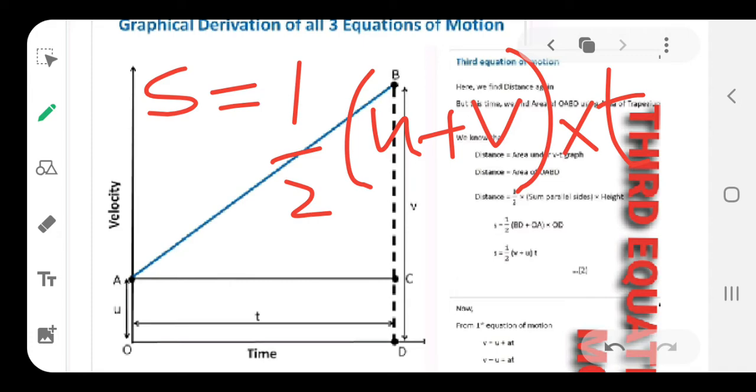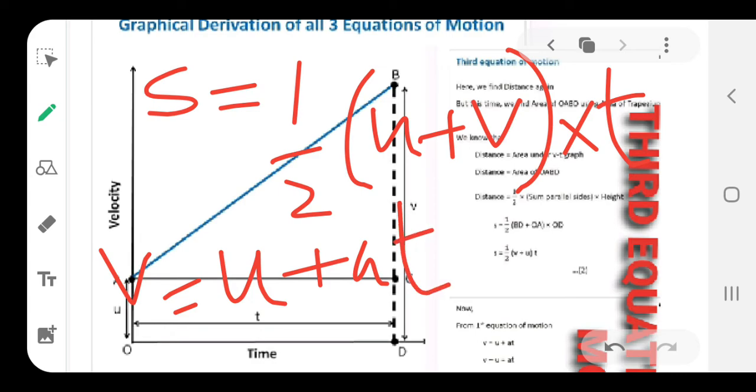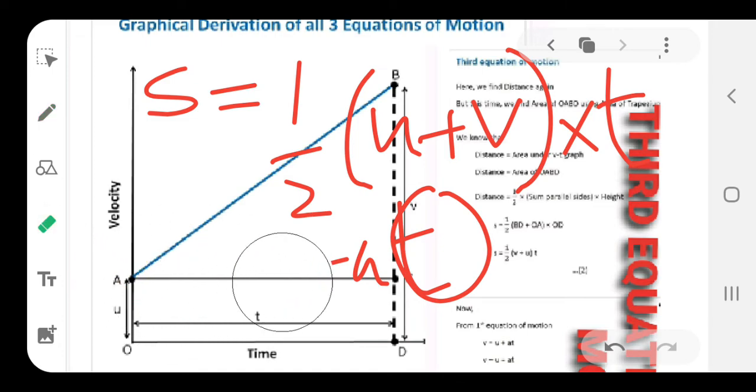Now again we will take the help of equation number 1. What was it letting you know? It says v equals to u plus at. Now check out the stuff and on your own see what we can think of. Now we want to replace this t. So I can obtain the value of t from here. What could be the value of t from here?